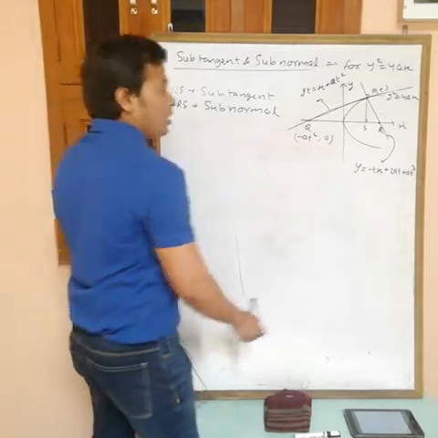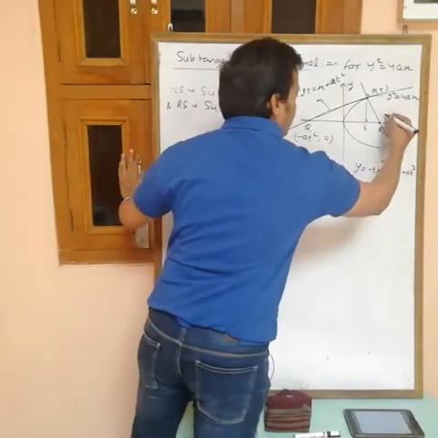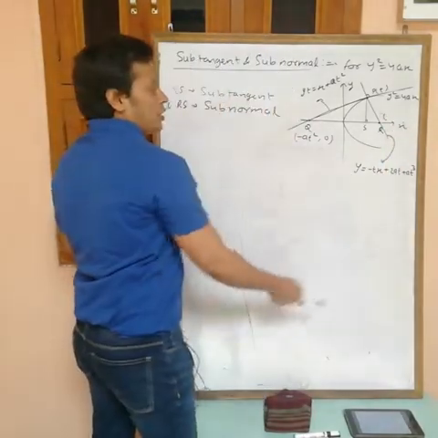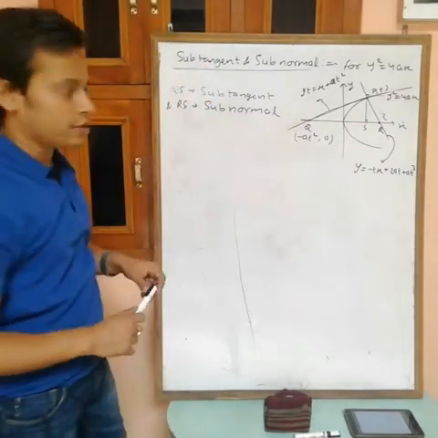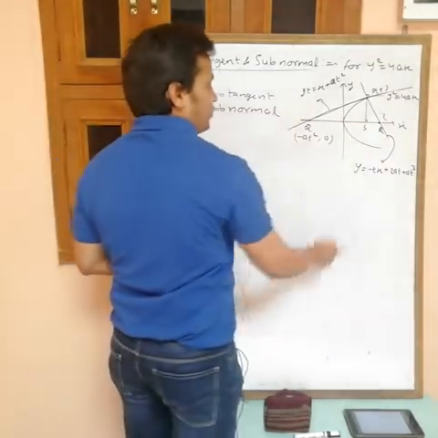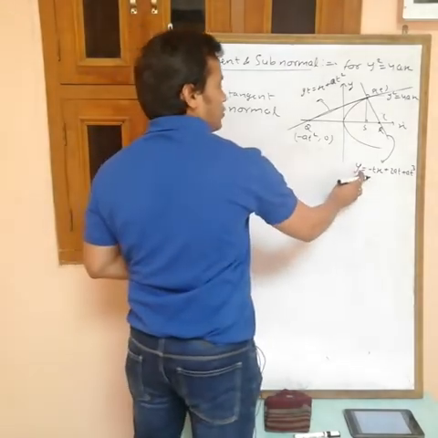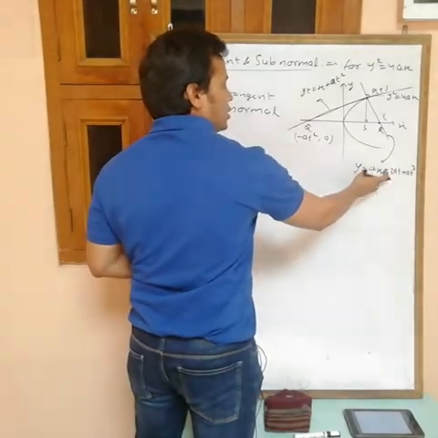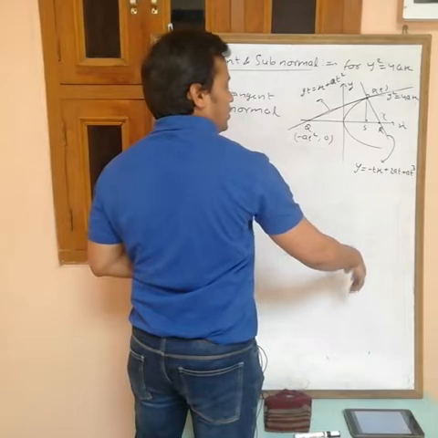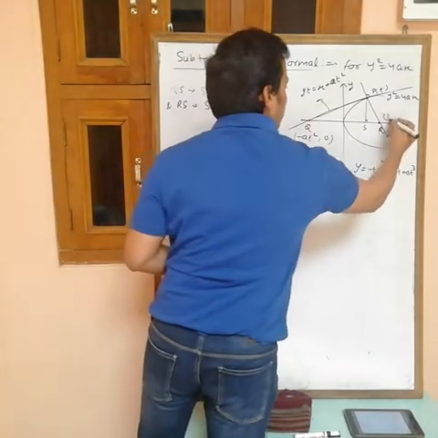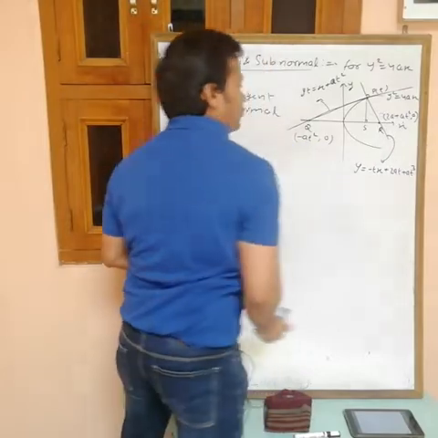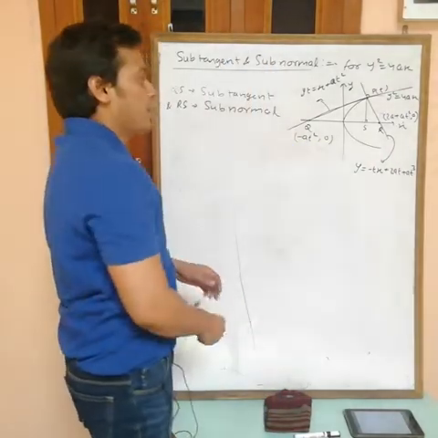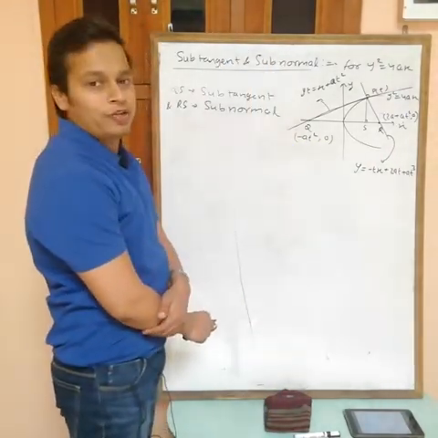Now the coordinate of R. Again this point lies on the normal and also on the x axis, so put y equals to 0. If you put y equals to 0, then the value of x is t x divided by t, you will get 2a plus at square, so 2a plus at square comma 0. This is the coordinate of R. Now can you find the coordinate of S?